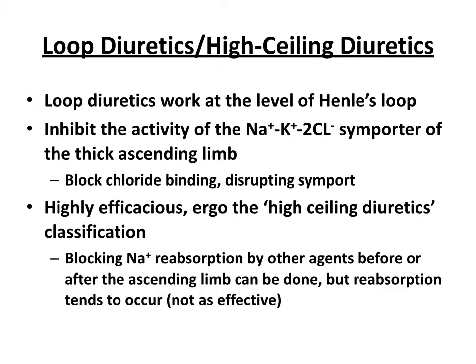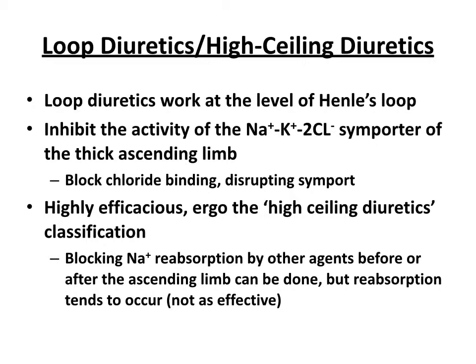Okay, moving right along. Speaking of loops of Henle, going to loop diuretics, or high ceiling diuretics. These guys work, of course, at the loop of Henle. And what they do is pretty simple. They inhibit the activity of the sodium-potassium-2-chloride symporter at the thick ascending limb of the loop of Henle.